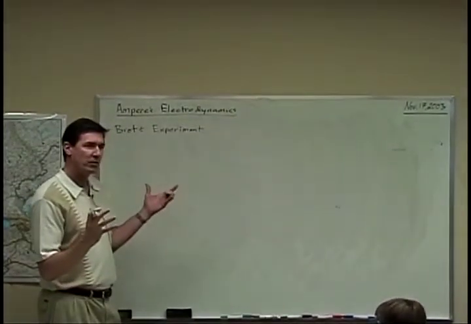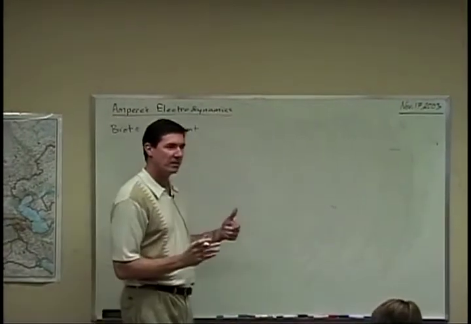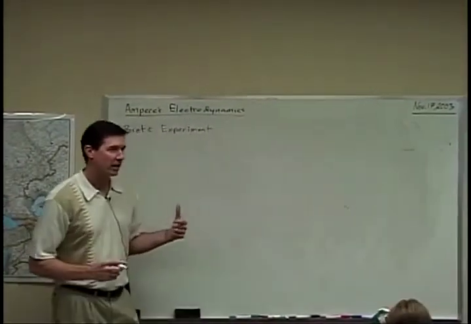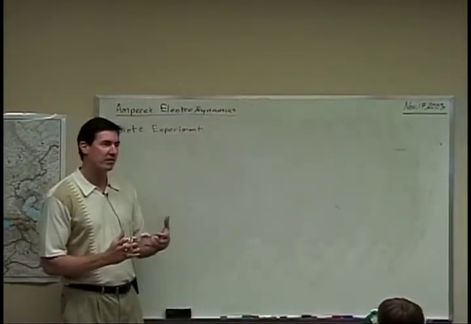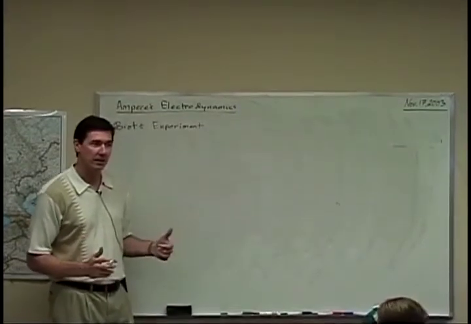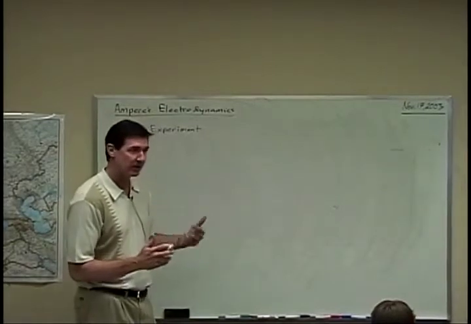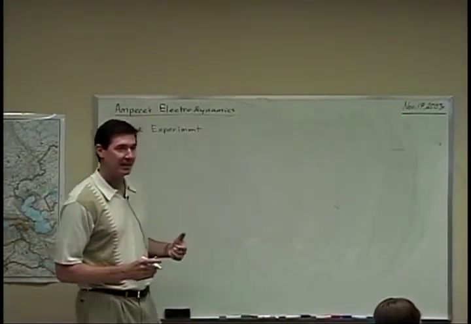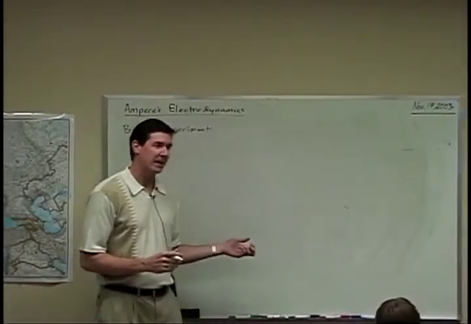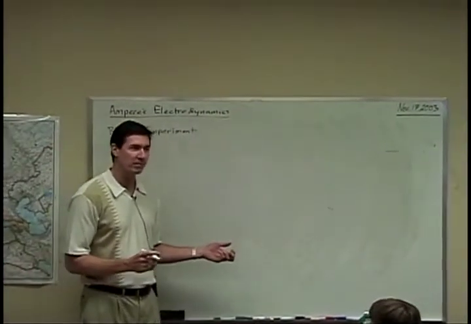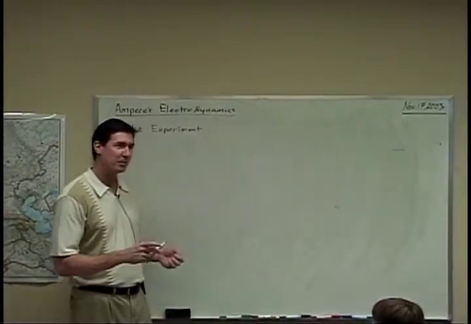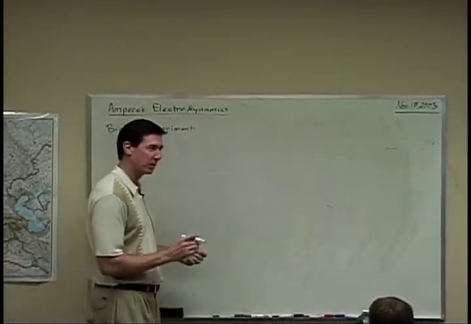Biot wants to figure out the dependence of this magnetic force that's coming from the wire with the current in it, the dependence of that force on distance and on the magnitude of the current. And he has the idea from Coulomb that he can use a magnetic pendulum in order to do this.